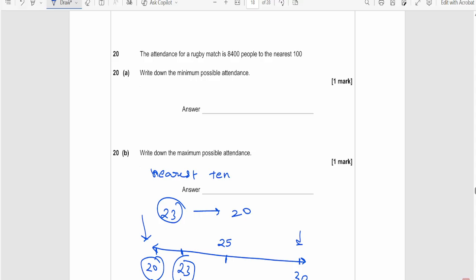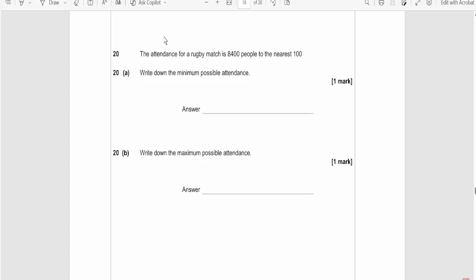Okay. Can you round 56 to the nearest 10? It's closer to 60. So the answer is 60, right?